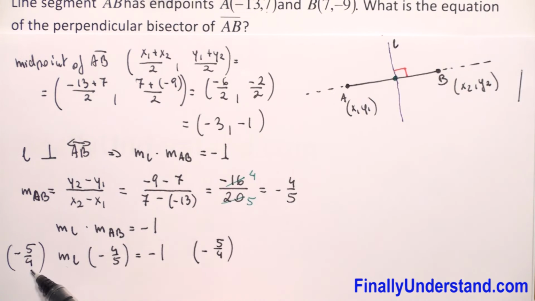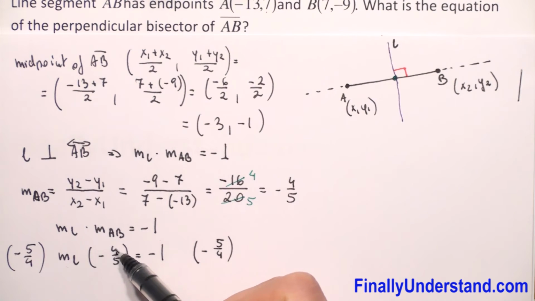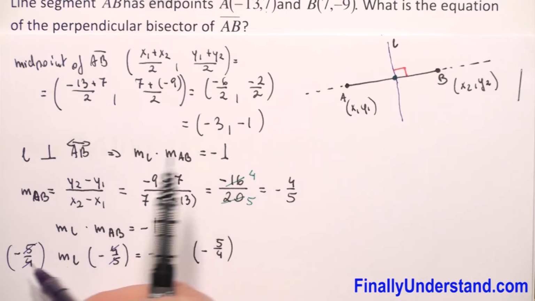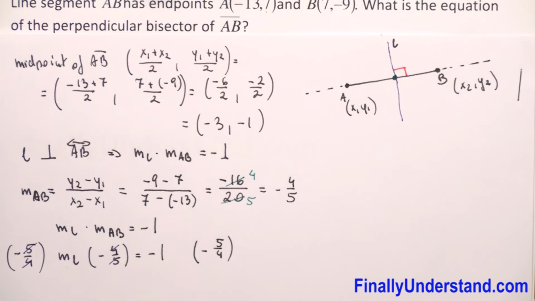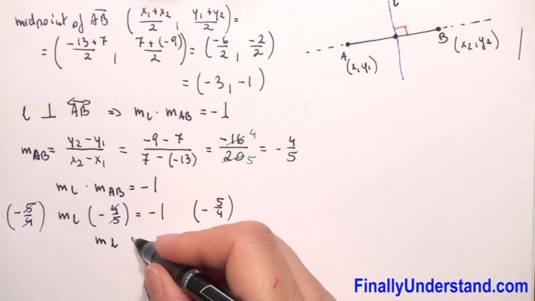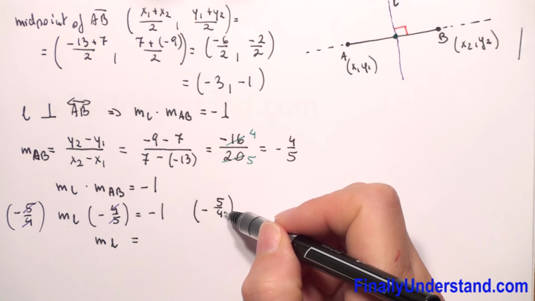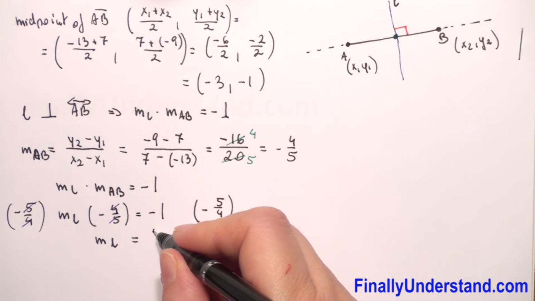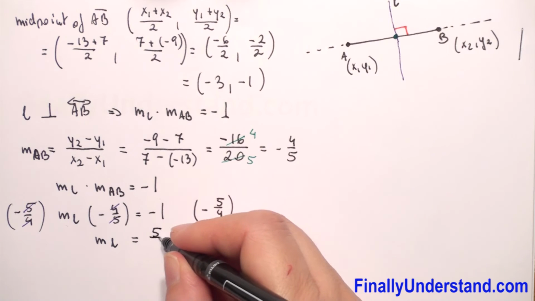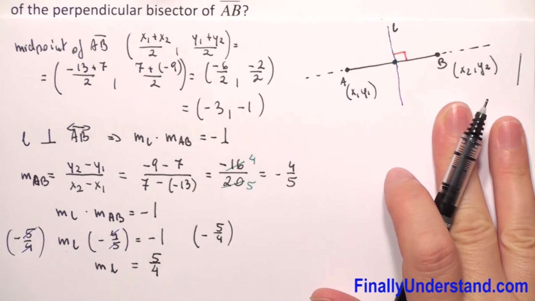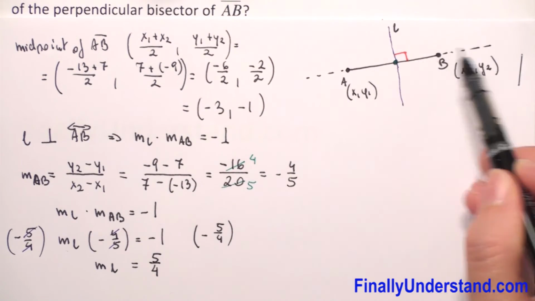So negative 5 over 4 times negative 4 over 5 will reduce 4 with 4, 5 with 5, and negative times negative gives positive, so on the left side we have only the slope of line L, equal to negative 1 times negative 5 over 4. So negative times negative gives positive, so we have 1 times 5 over 4, which is 5 over 4. We have the slope of line L, which is perpendicular to line AB.